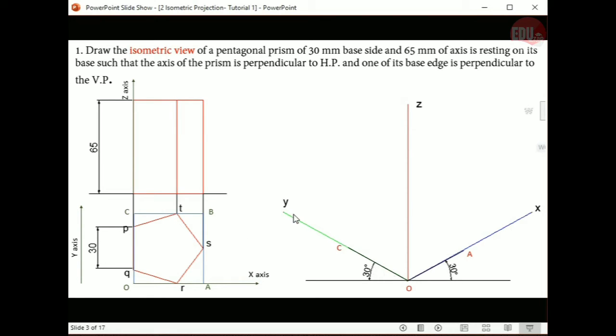OC in the y-axis. And the next thing is, a circle you can see as a circle only in a parallel view. In all the other angles you can see a circle as an ellipse.